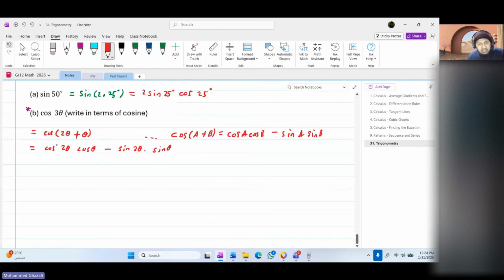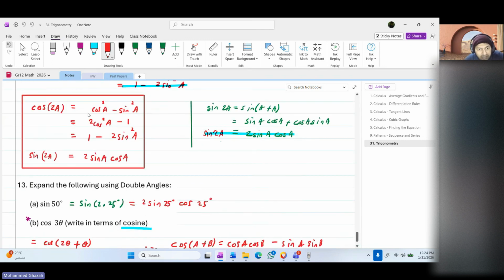Okay, now let's look at this. We have a double angle here, but now you need to expand the double angle in terms of cos only, right, in terms of cosine. So cos 2 theta is which one? Which one should I use from here now? We're going to use the second one, right? Because we want in terms of cosine only.